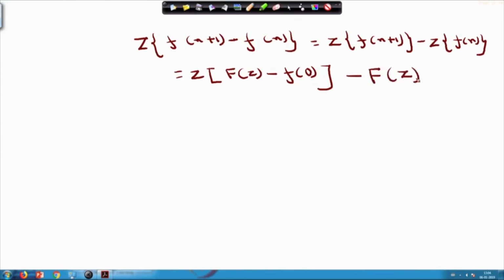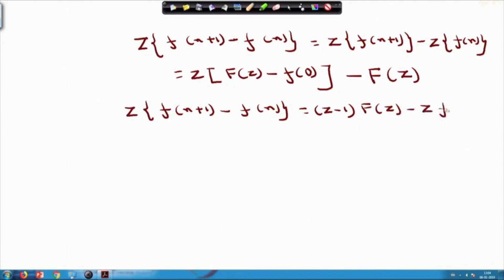Equivalently, we can write the Z transform of f of n plus 1 minus f of n equals z minus 1 into F z minus z into f 0, just simplifying the earlier term.